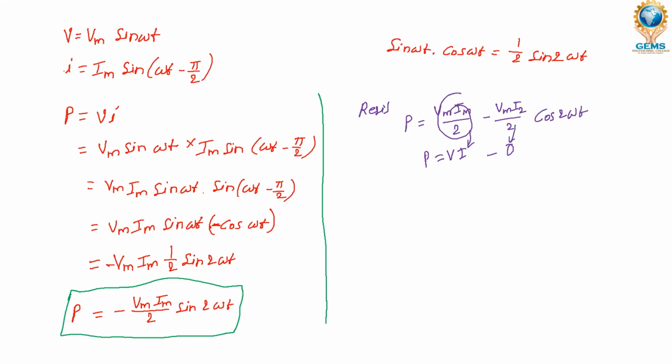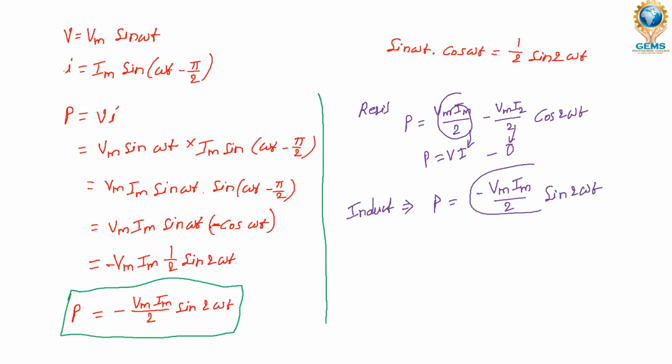Okay, here in case of an inductor, we have only fluctuating power. In case of an inductor, power equals minus Vm Im by 2 sin 2 omega t.